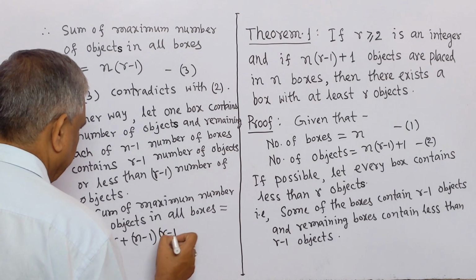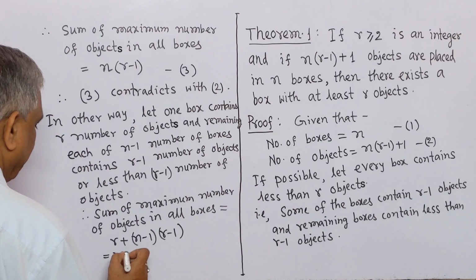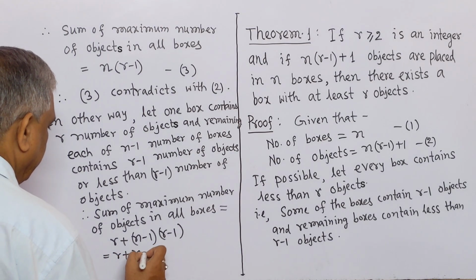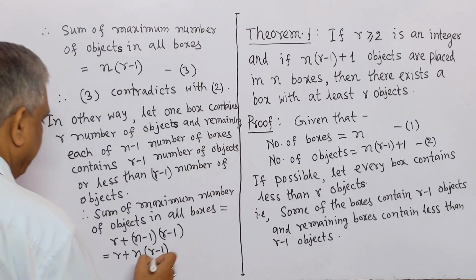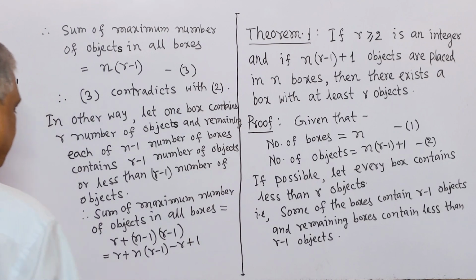This equal to r plus n into (r minus 1) minus (r minus 1).